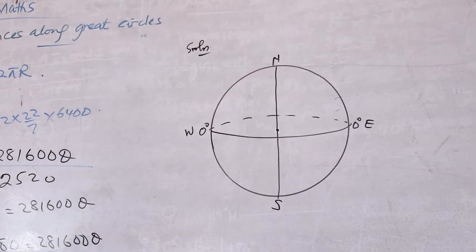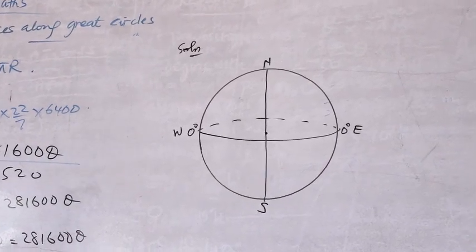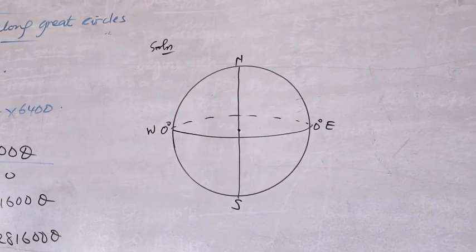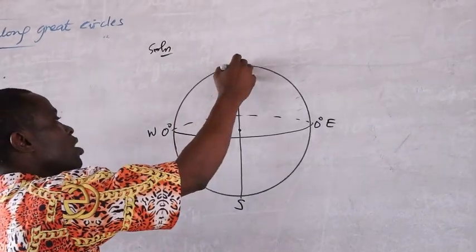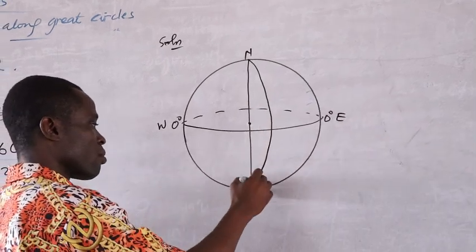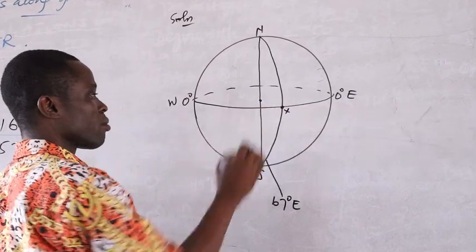Now, in the question, we have 2 places, X and Y, on the equator. You already have the equator on the diagram? Okay. Then 67 degrees east. This is east. 67 degrees, this is point X.